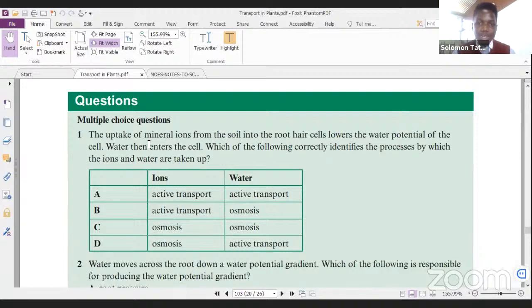A, active transport of ions, then active transport of water. B, active transport of ions, osmosis of water. C, osmosis of ions, osmosis of water. D, osmosis of ions, active transport of water. Who can tell us the answer and why? We have looked at this.